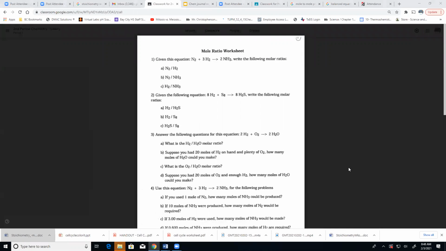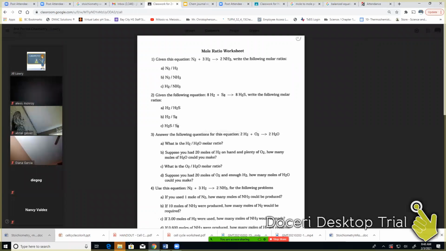All right, so here's that same old balanced equation we've seen. So A, B, and C here are all using this. It's already balanced. So when you write the mole ratio, all you're doing is using your coefficients to compare them. So in other words, if I want the mole ratio of nitrogen to hydrogen, I write the coefficient for nitrogen, which is just 1.